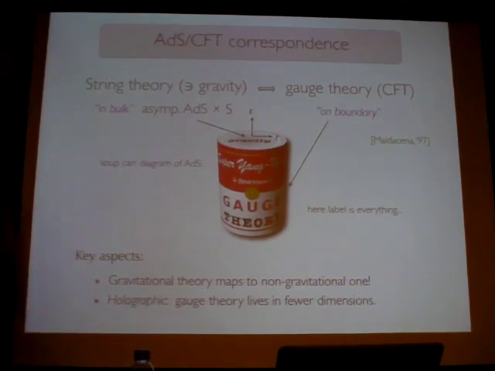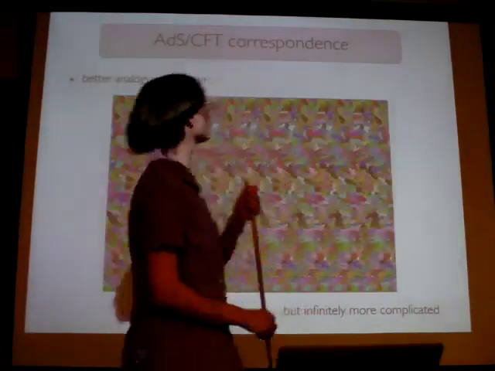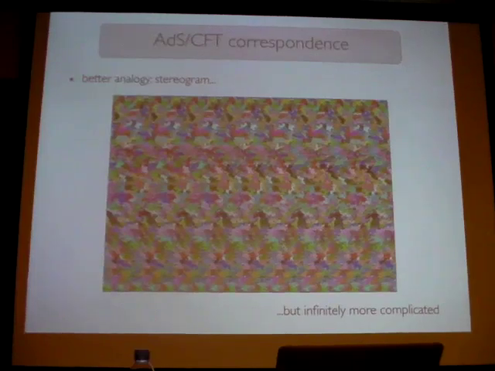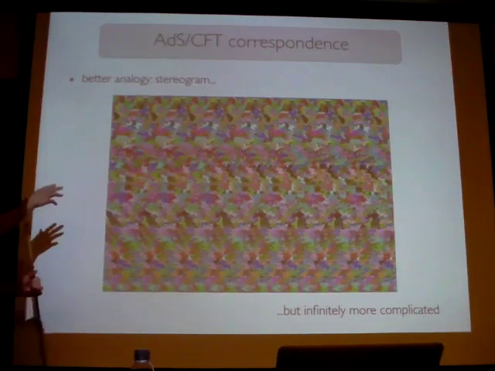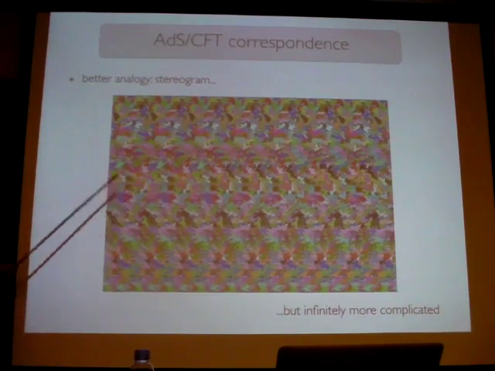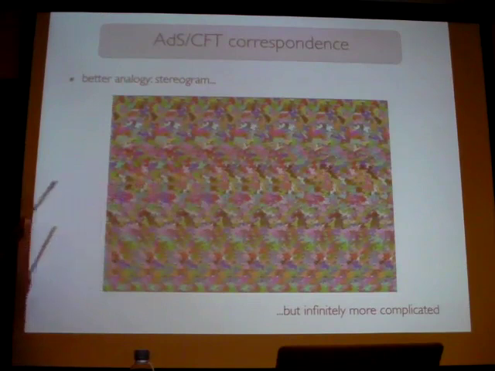In fact, I think a better analogy would be a stereogram, like this 2D image, which if you look at in a certain way, you see a 3-dimensional picture coming out of this. Now, in this case, it arises due to correlations between pairs of these blotches that your eyes interpret as parallax.